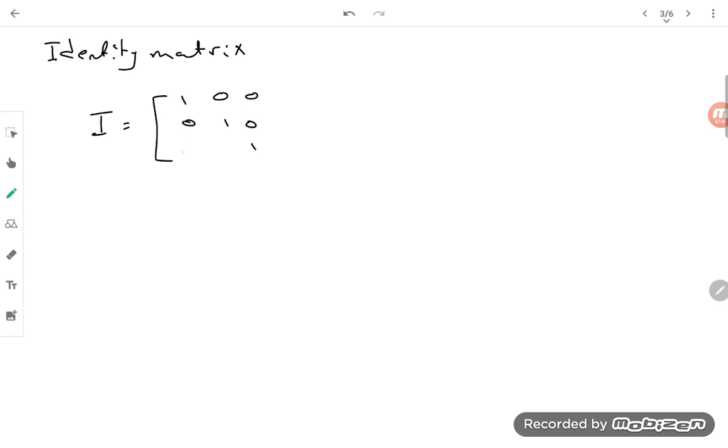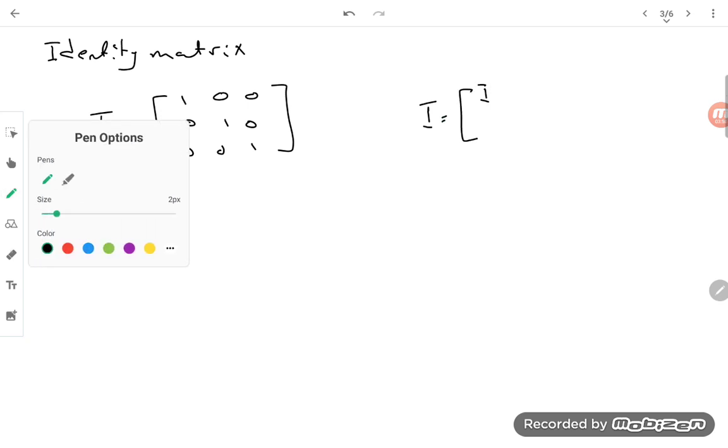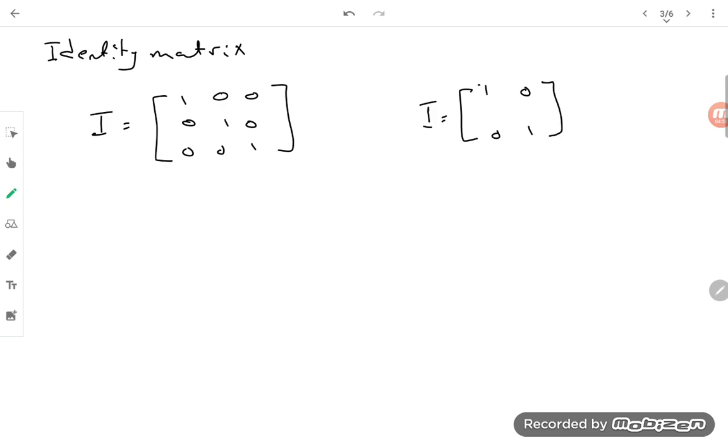What about identity matrix? Identity matrix is the matrix whose diagonal is 1 while all other elements are 0. It's of any order. It can be 2 by 2 or 3 by 3, 4 by 4.